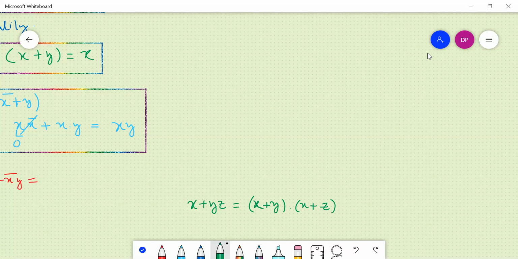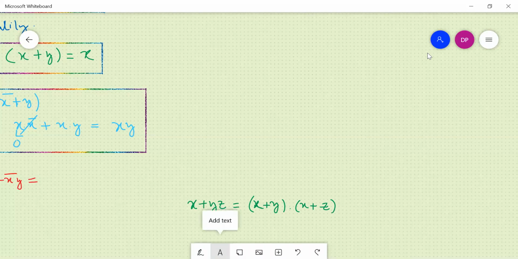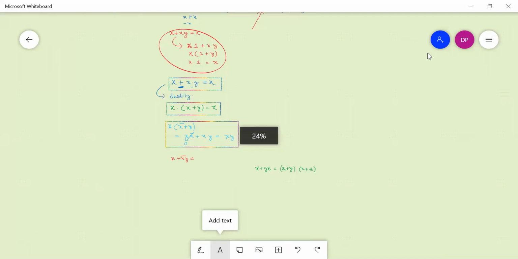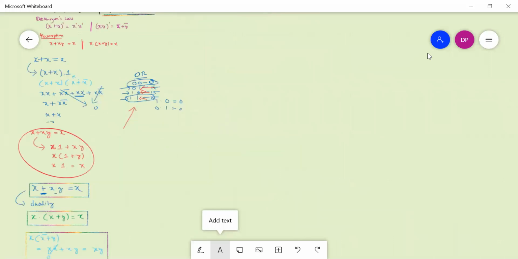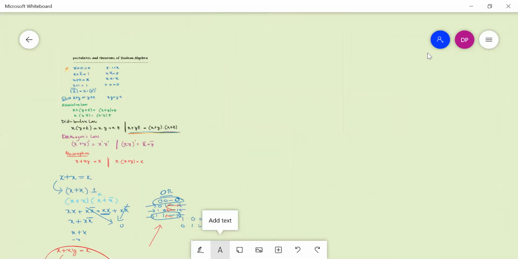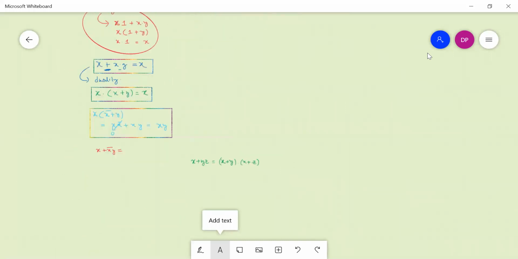So x plus yz is equal to x plus y into x plus z.